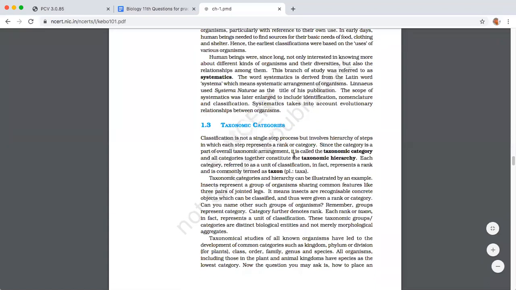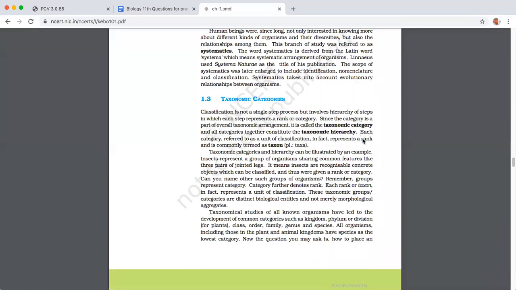So you can write it here. Each category in the taxonomic hierarchy is called as what?